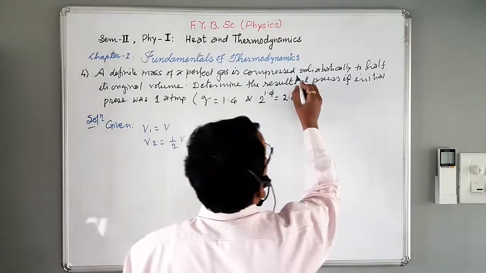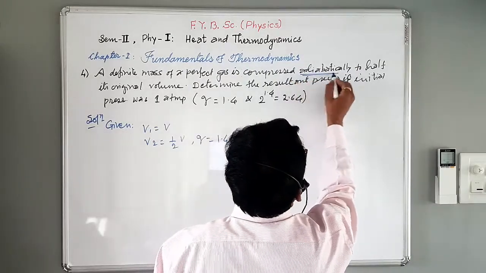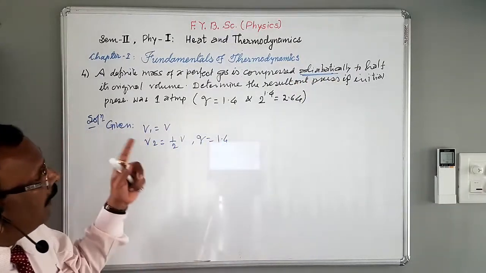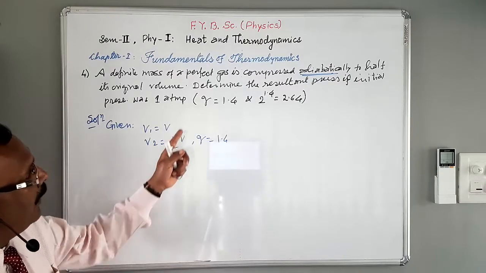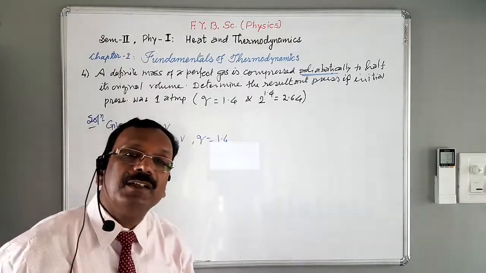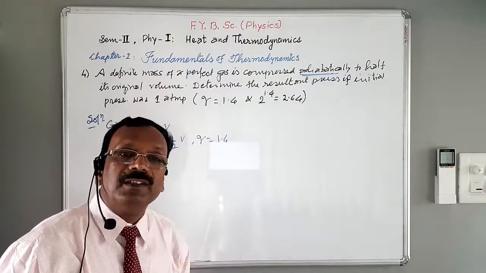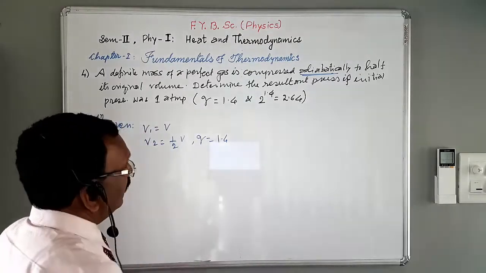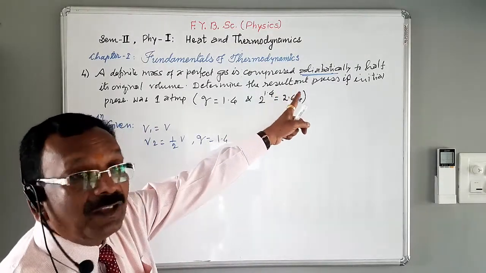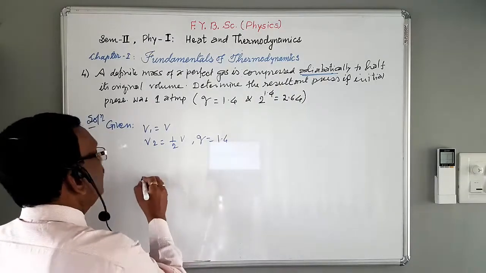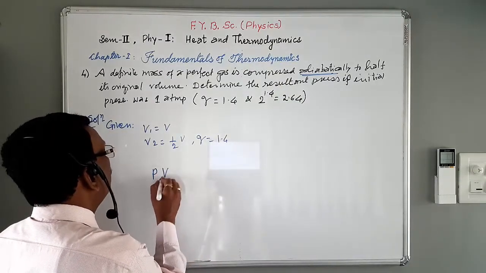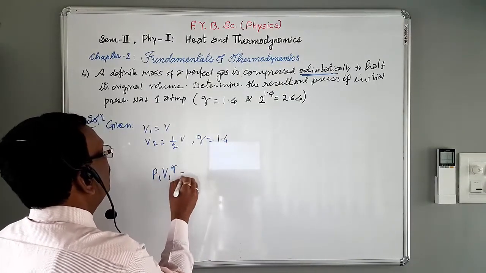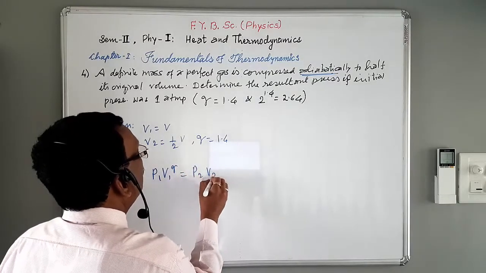Remember that the change is adiabatic and we have the values of V1 and V2, and we have to find the resultant pressure. When the process is adiabatic, the relation between pressure and volume is P1 V1 raised to gamma is equal to P2 V2 raised to gamma.